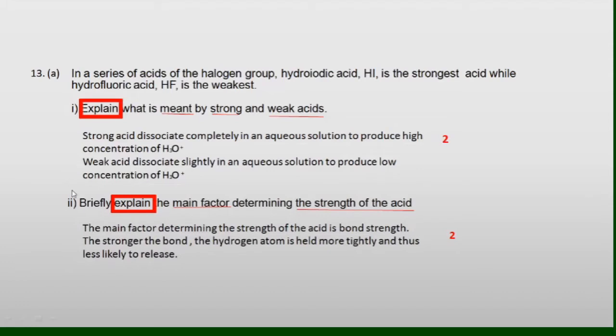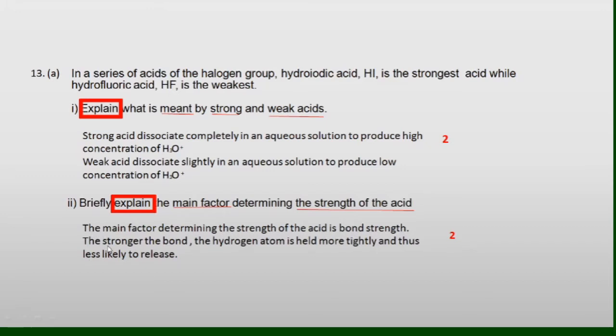So for the second question, briefly explain the main factor determining the strength of the acid. The keywords here are explain, main factor and the strength of the acids. So we need to mention the main factor, then we need to explain it. So the answer is, the main factor determining the strength of the acid is bond strength.